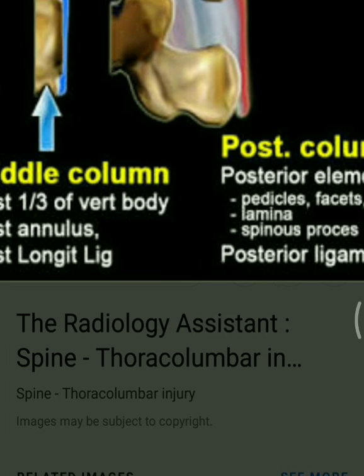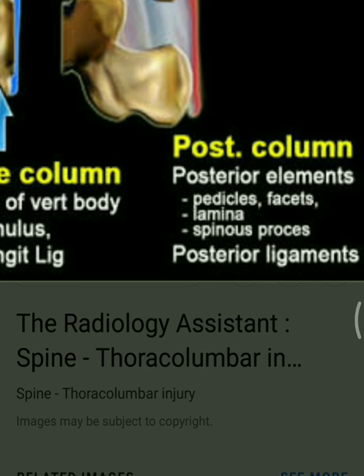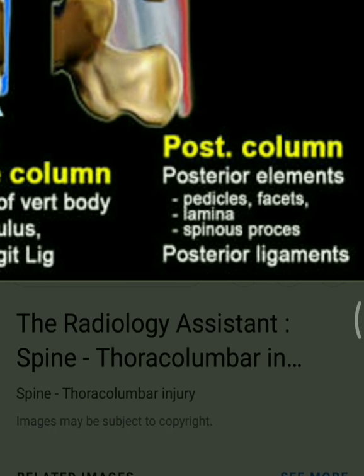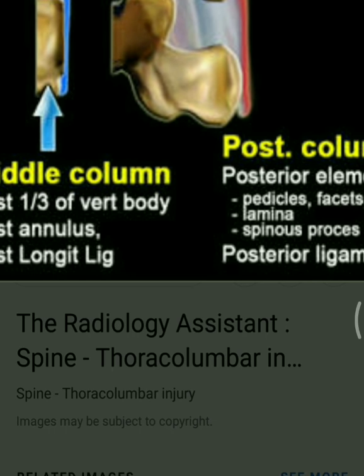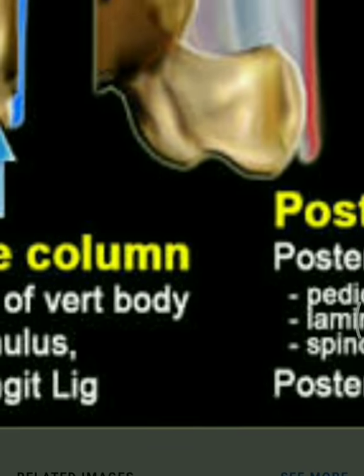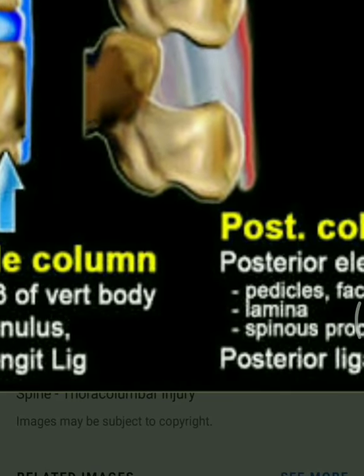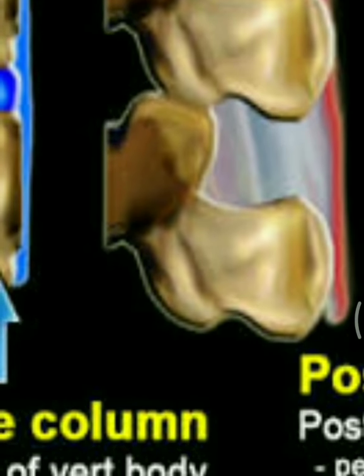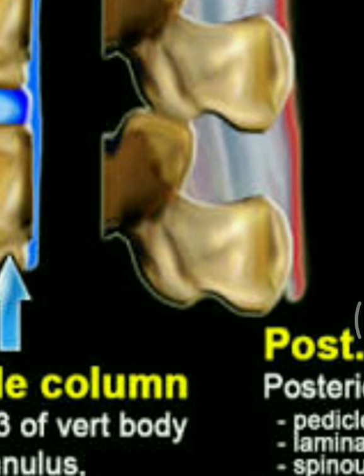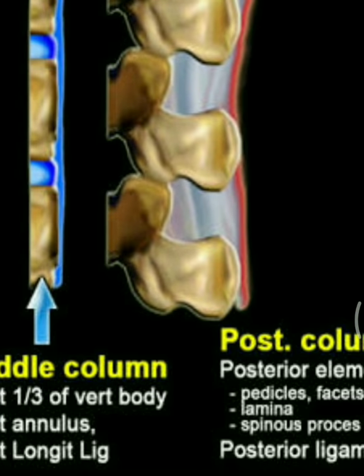And lastly, the posterior column, which consists of the posterior ligament complex and neural arch. Neural arch means pedicle, transverse process, superior articular process, inferior articular process, and lamina, that is spinous process. So these are the components of the spinal column, and this is called Denis three-column concept of spinal stability.